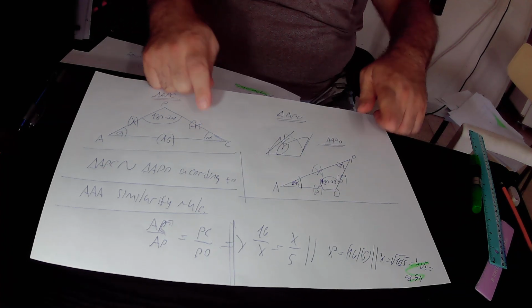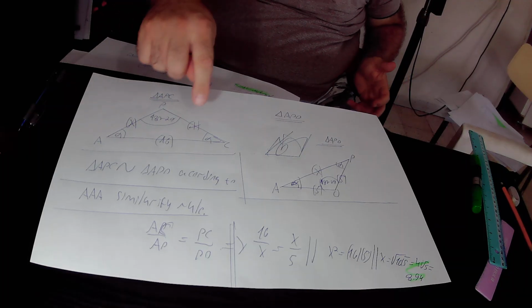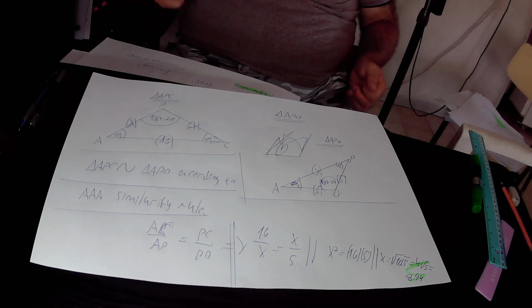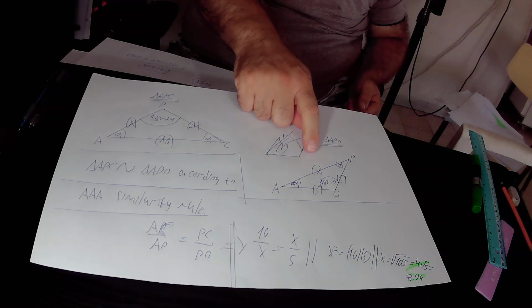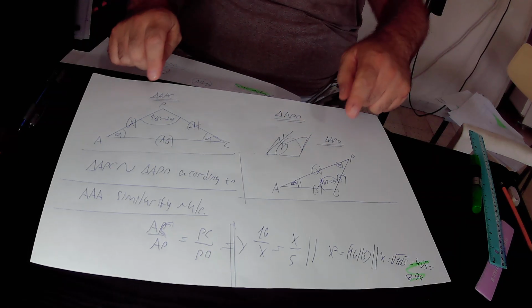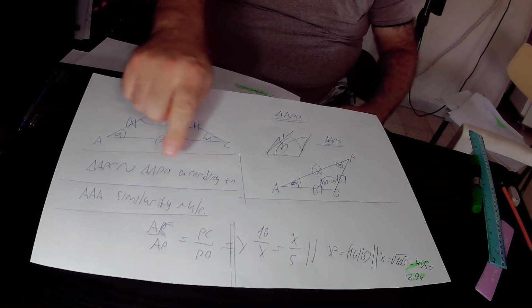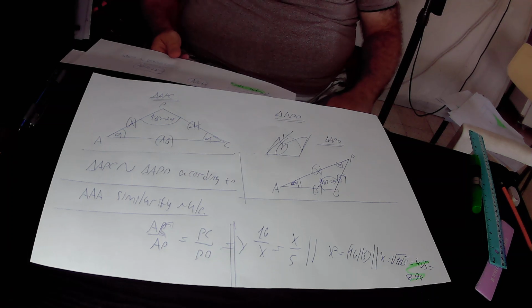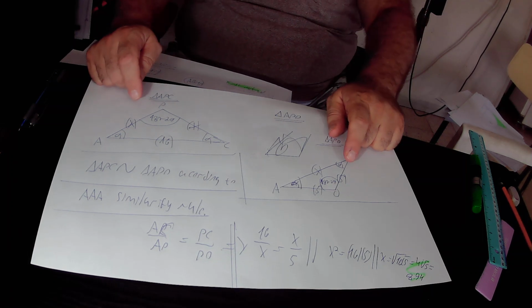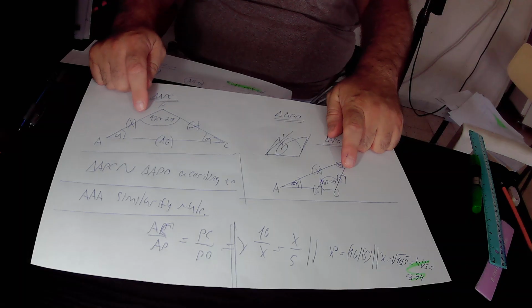So I can prove that all the angles of the big triangle APC are correspondingly equal to all the angles of the small triangle APO. Therefore, those two triangles are similar to each other according to angle similarity. And from the fact that those two triangles are similar, we derive that the following relationship exists between their sides.